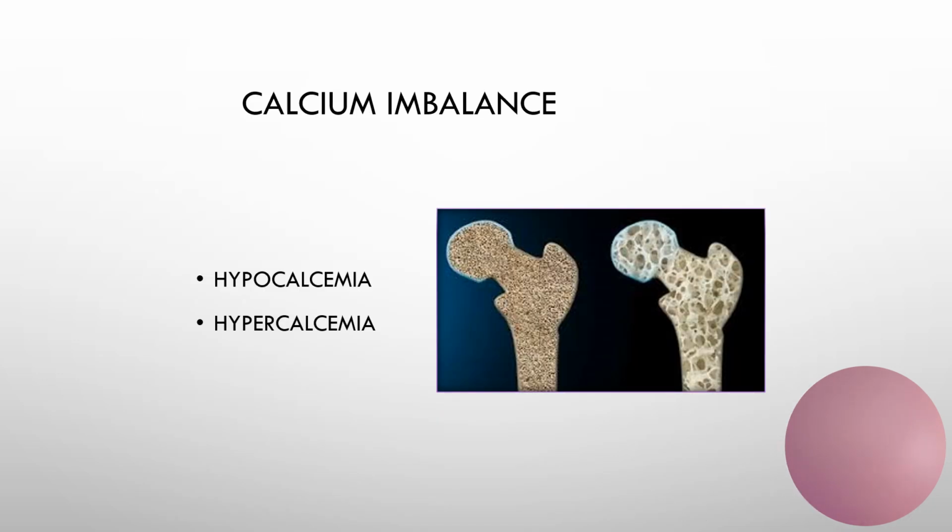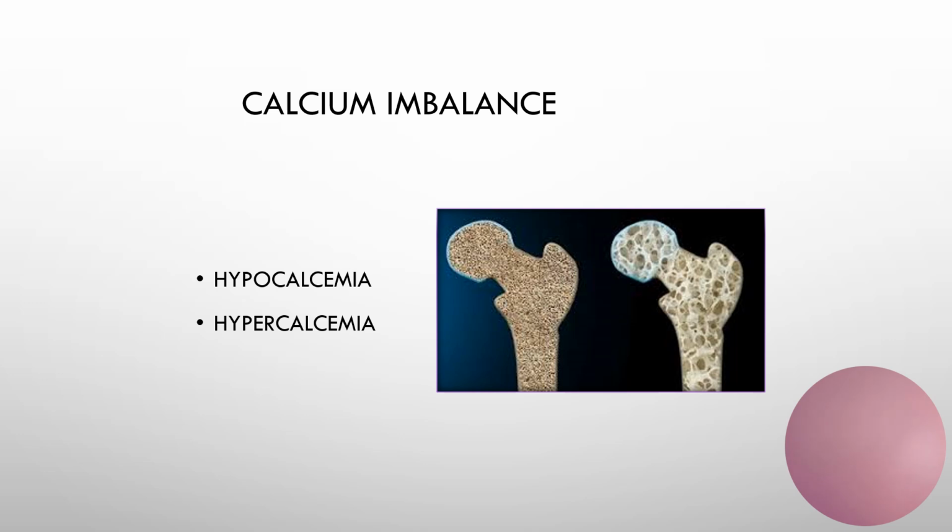Calcium. Calcium is involved in blood clotting, the transmission of nerve impulses, and it's regulated by the parathyroid gland. The parathyroid is located behind the thyroid in the neck.